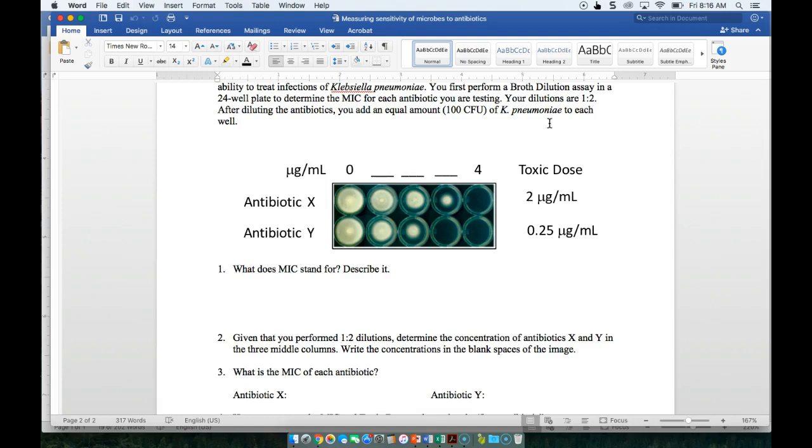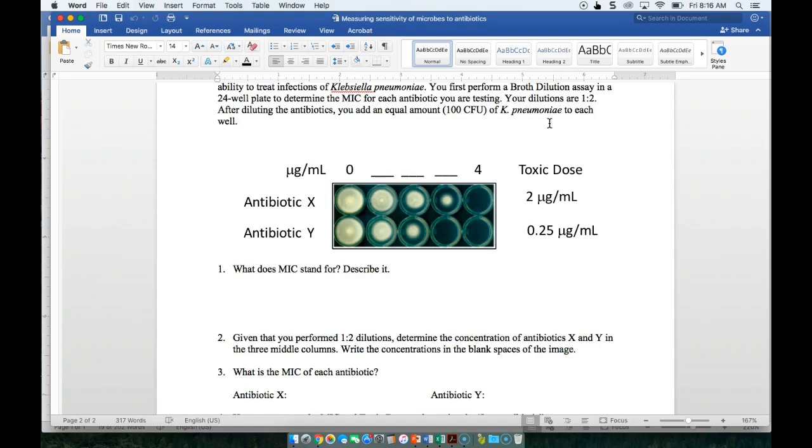So, for example, what if we saw results like this? So after subculturing, taking a little bit of bacteria from each of these, adding it with some fresh LB, we find the results on the bottom there, growth in just the last well.